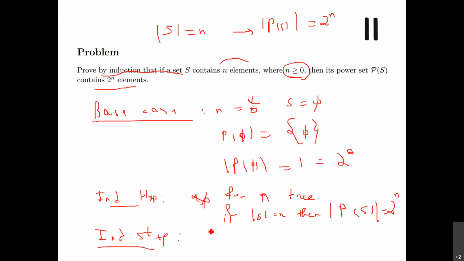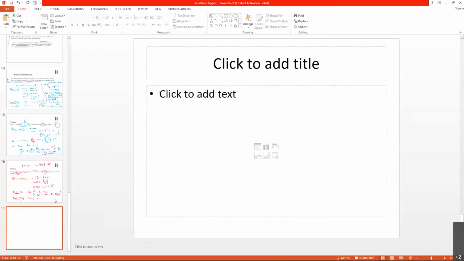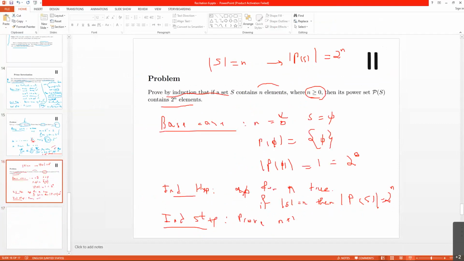Well, for n plus 1, we want to prove it, right? But what does it mean having n plus 1? Before, you had the set S, which I'd like to write as e1 for element, e1, e2 up to en.